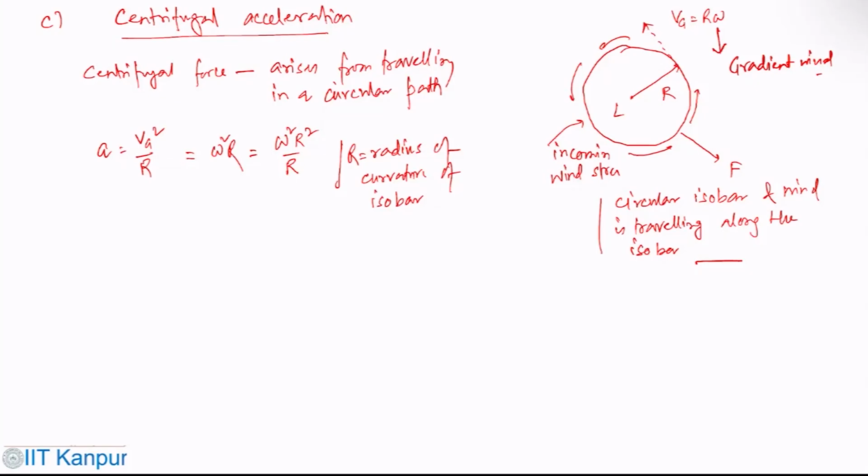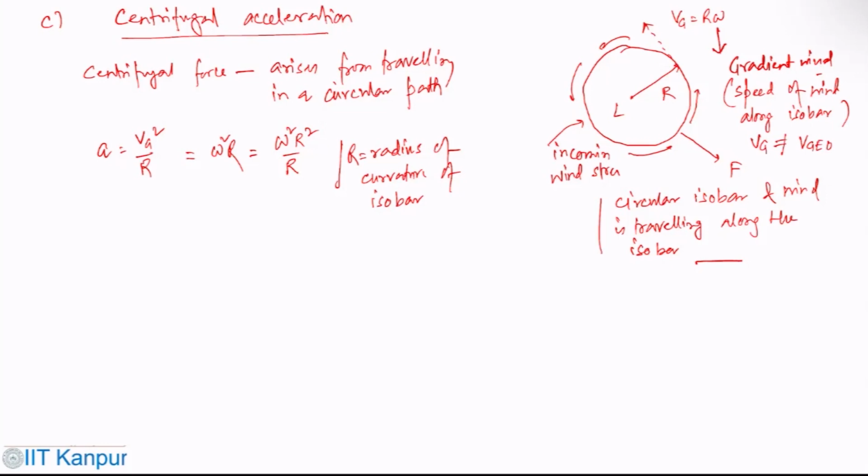So Vg is the gradient wind, which is, one can say, the speed of wind along isobar. But one can note that Vg is not equal to Vgo.